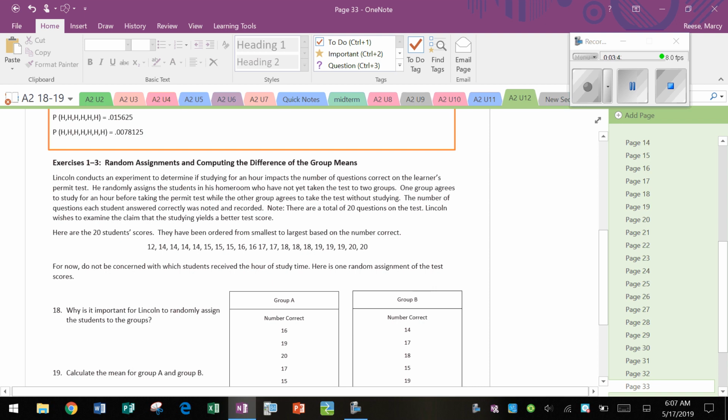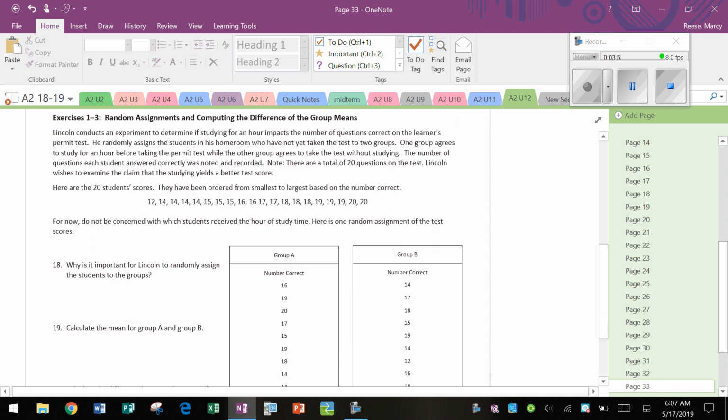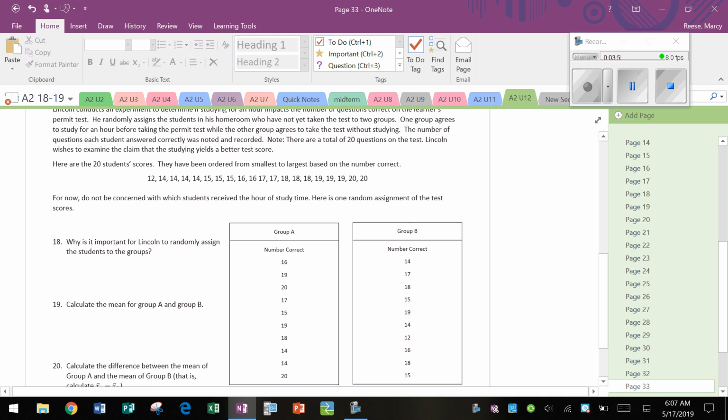Note, there are a total of 20 questions on the test. Lincoln wishes to examine the claim that the studying yields a better test score. So here are the 20 student scores, okay? They have been ordered from smallest to largest based on the number correct.